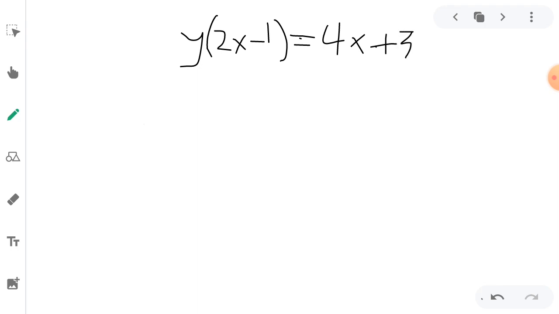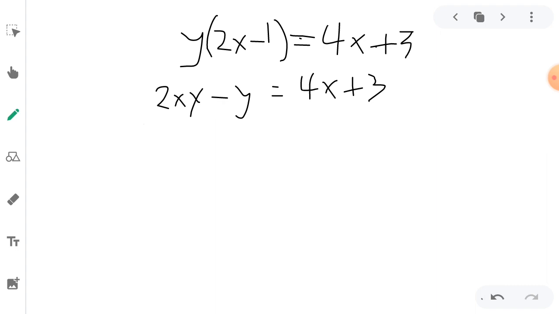Next step is we need to distribute the y by distributive property. So y times 2x is 2xy minus y is equal to 4x plus 3.